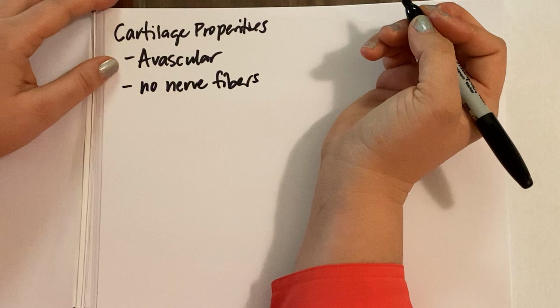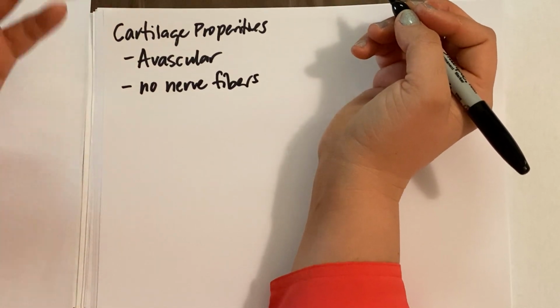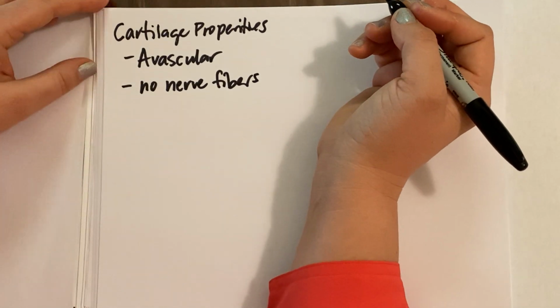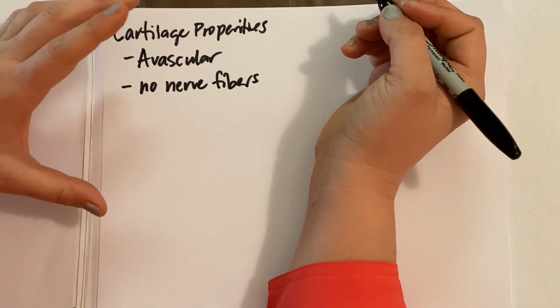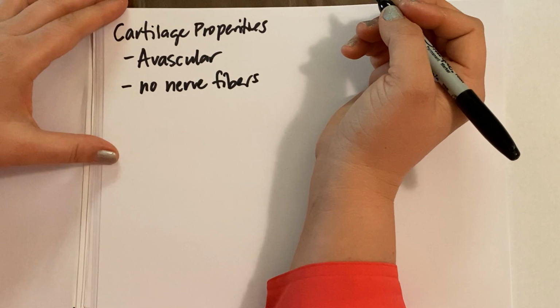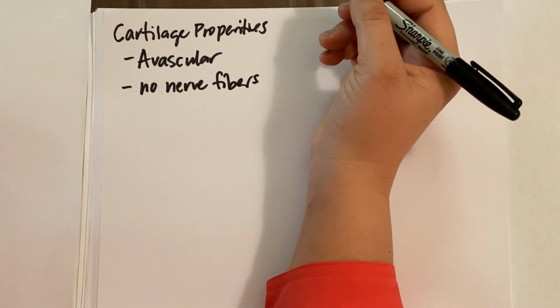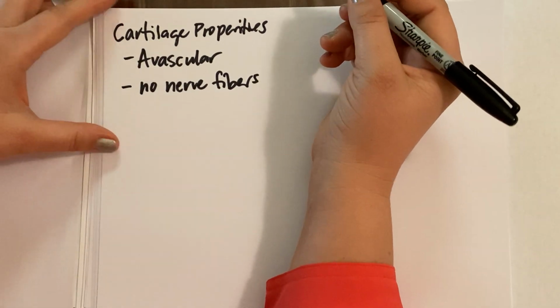Okay, so these cells that are in here, these chondroblasts and chondrocytes, they need some type of nutrients because otherwise they would be dead. And so what happens is that around cartilage, we're going to have this membrane that is going to secrete the important substances, okay?